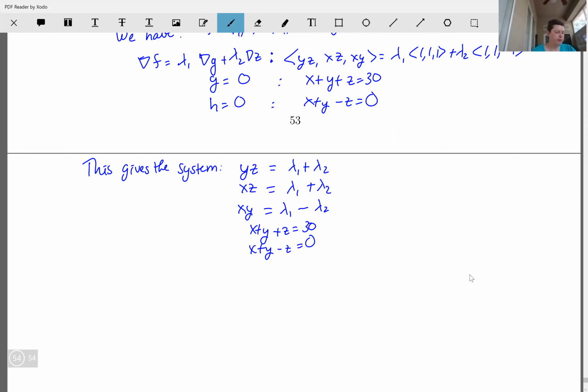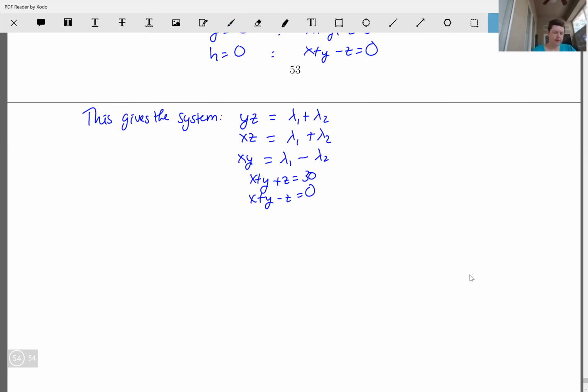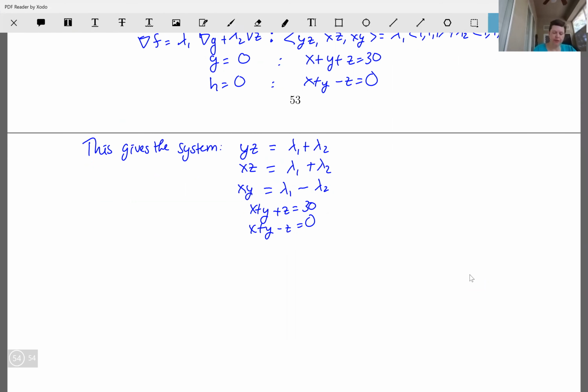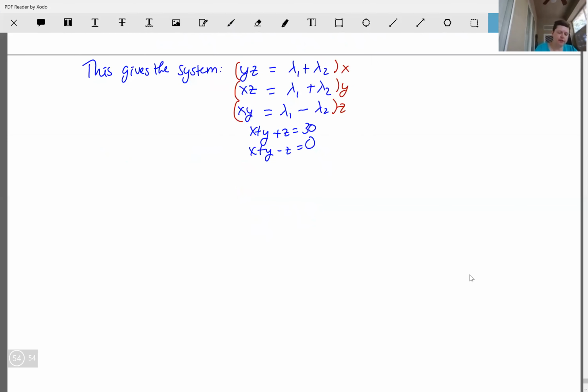Okay, so now let's multiply the first three equations this time. We'll multiply the first by x, the second by y, and the third by z. The advantage here is that we're going to have xyz everywhere.